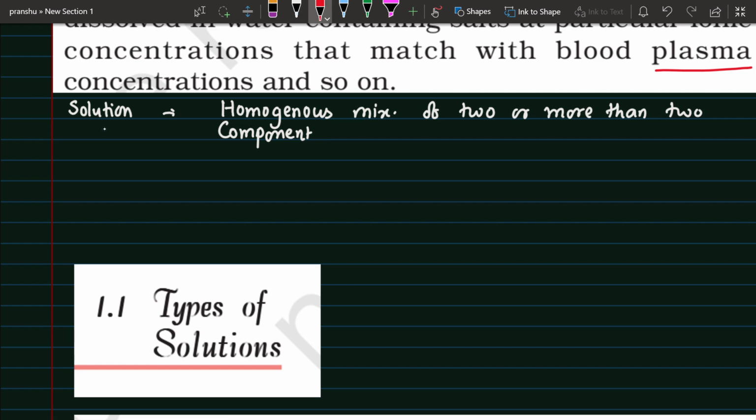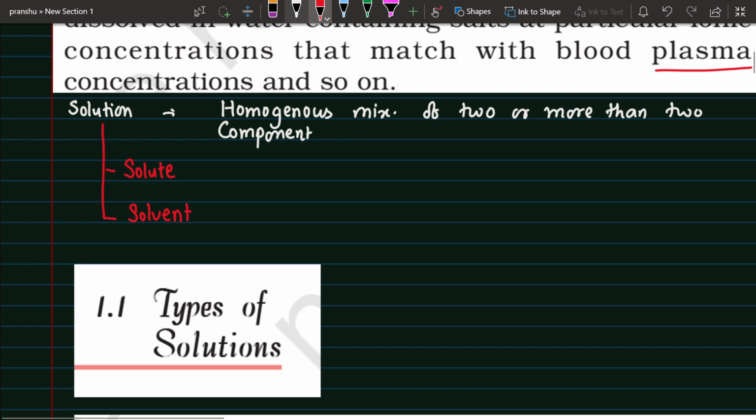Now, as we know, a solution made up of two components is known as a binary solution, three components a ternary solution, four components a quaternary solution. Similarly, we have two different parts: one is the solute and the second is the solvent.